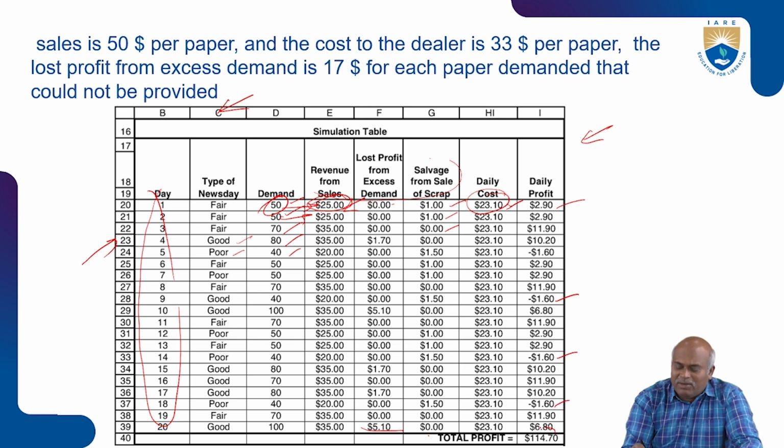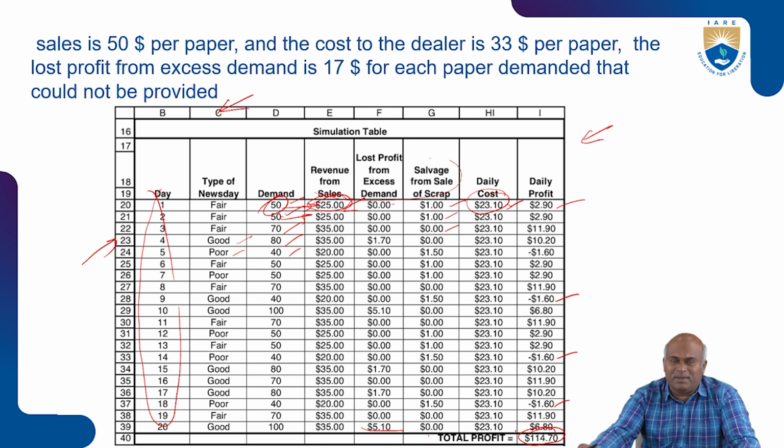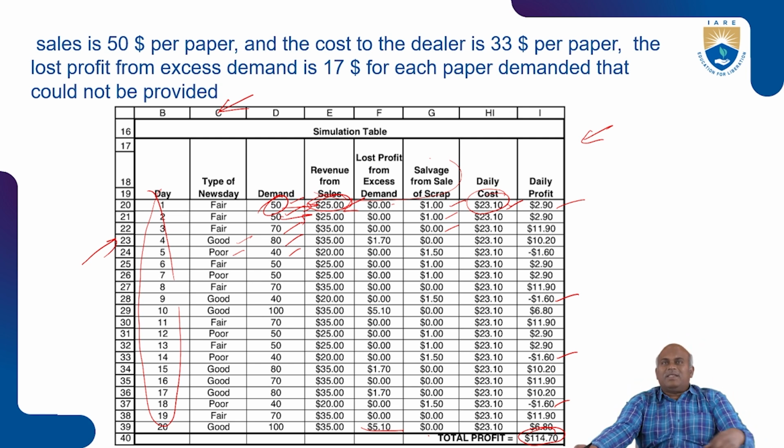Then finally you calculate the profit of that month, or whatever duration you specify. That is 114.7 dollars they are getting as profit. So what can we infer from this table? When you are buying and selling any product, you don't get a profit every day. Sometimes there is a loss.